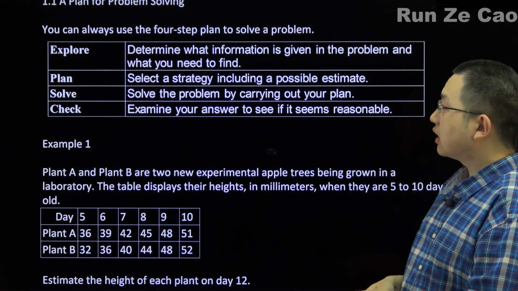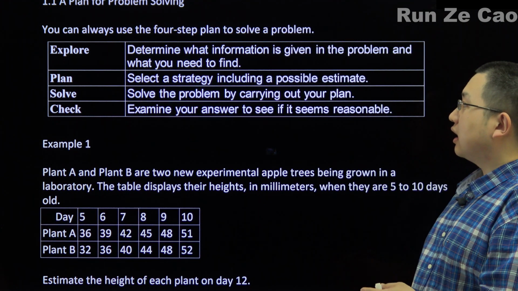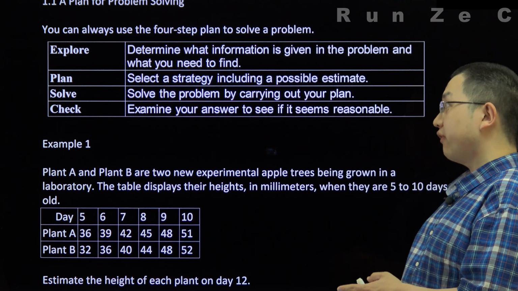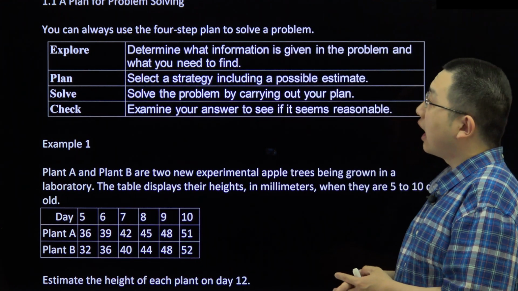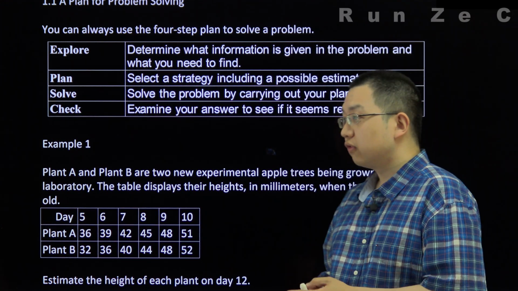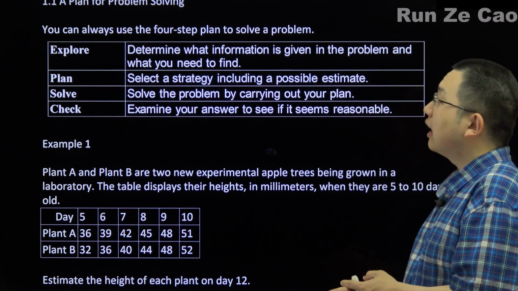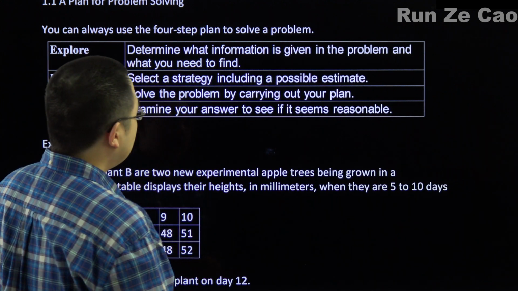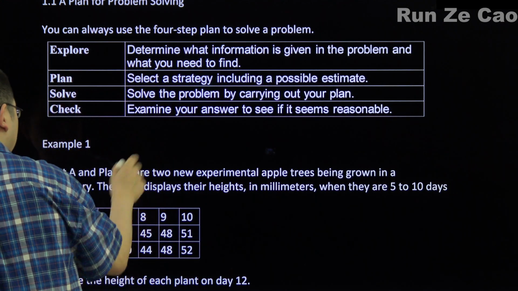So, this is also given in some other places as GRASP, which is given, required, analysis, solve, or analyze and solve, and then present. Present is basically state your answer.